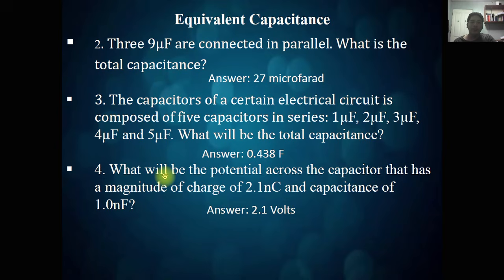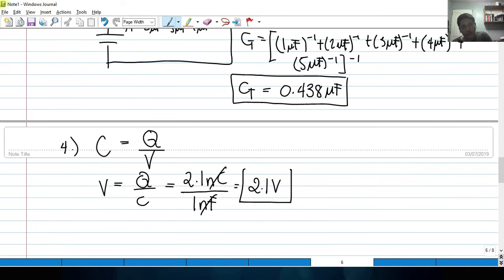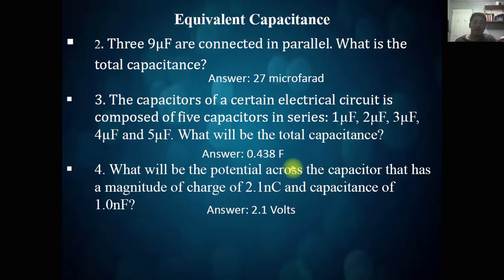So, what is Q? We have 2.1 nanocoulombs over 1 nanofarad of capacitance. So, simply, the nanos will cancel. 2.1 divided by 1, simply 2.1 volts.